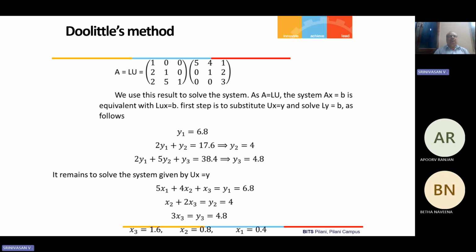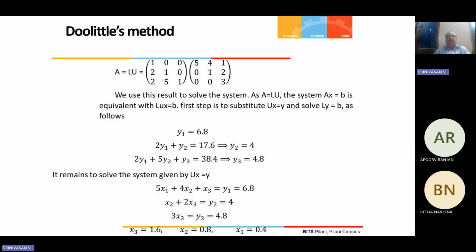Next, you go 0x1 plus 1x2 plus 2x3 is equal to y2, which is 4. Next, finally, you have 0x1 plus 0x2, not necessary, 3x3 is equal to y3, which is 4.8.